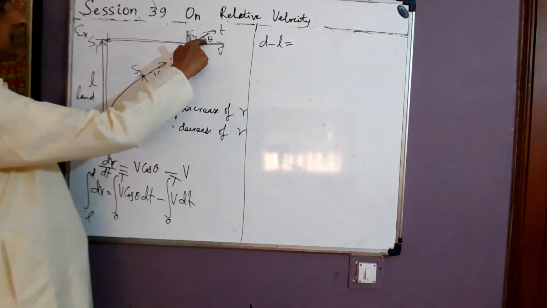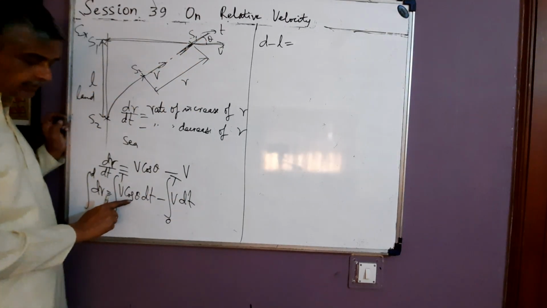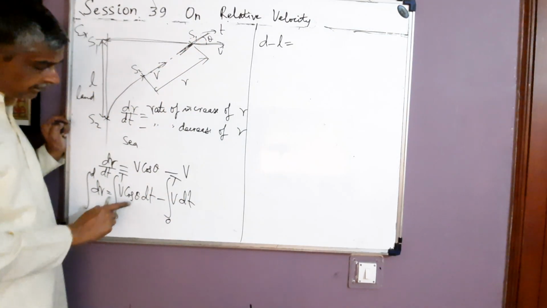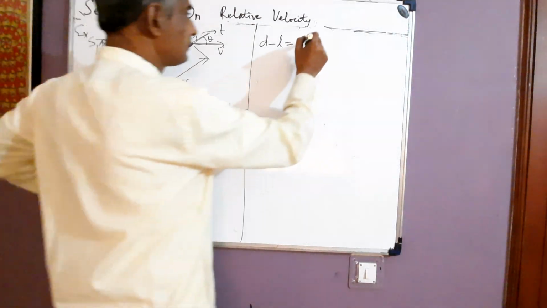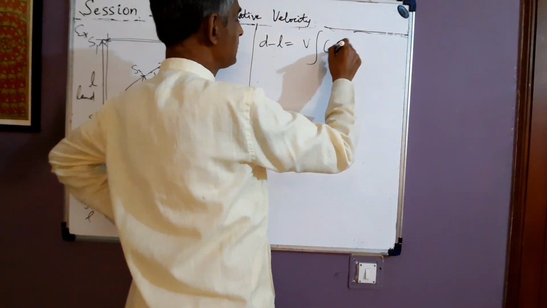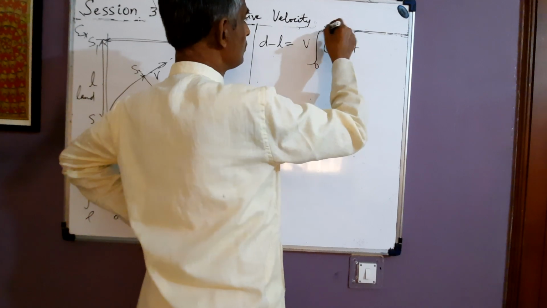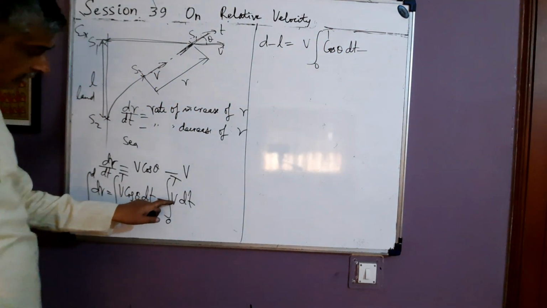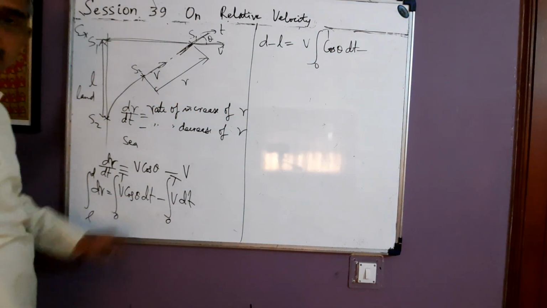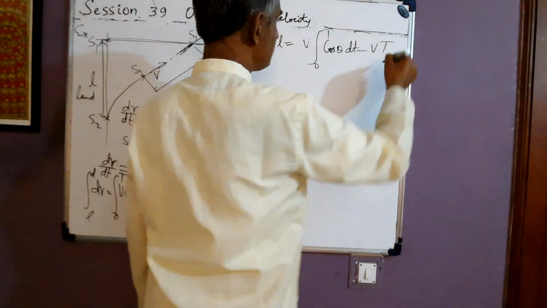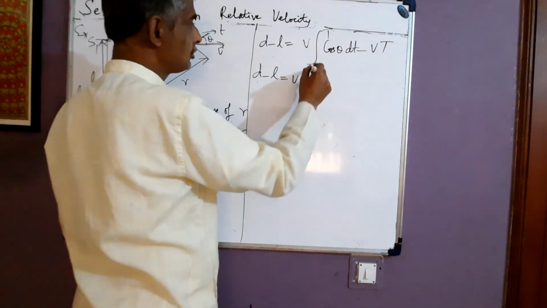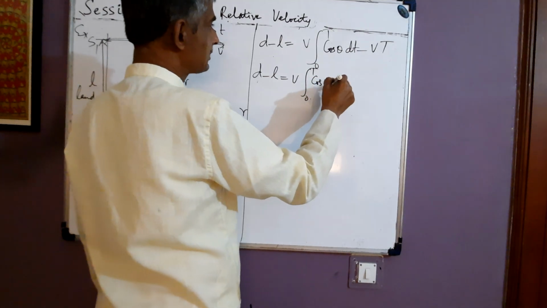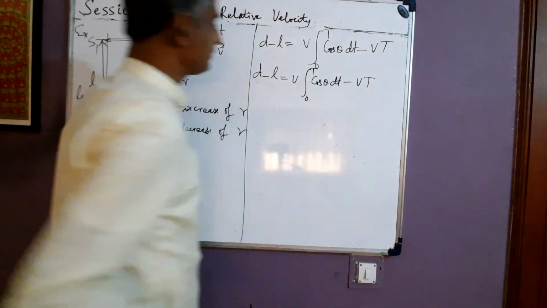But as can be seen, theta will change with time. So cos theta is a time dependent quantity, it cannot be taken outside the integral. So this stays inside, but v comes outside. The integral of cos theta dt from 0 to T, minus v, which is constant, comes outside. Integral dt from 0 to T becomes T. So d minus L equals v times integral from 0 to T of cos theta dt, minus vT.